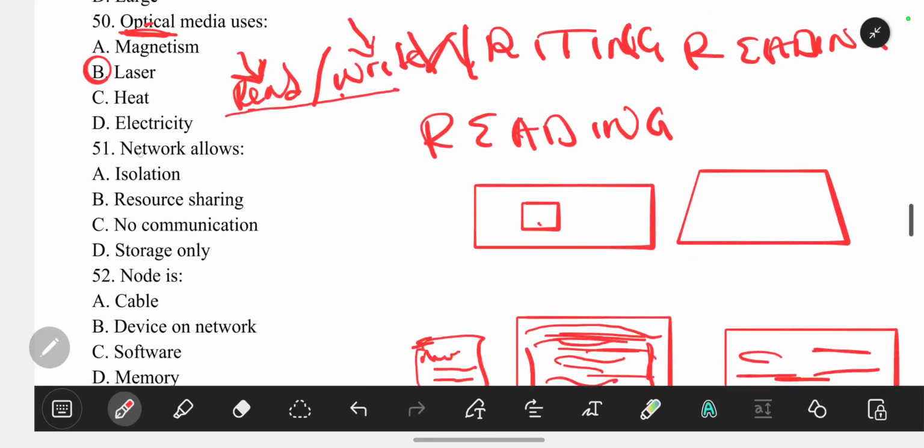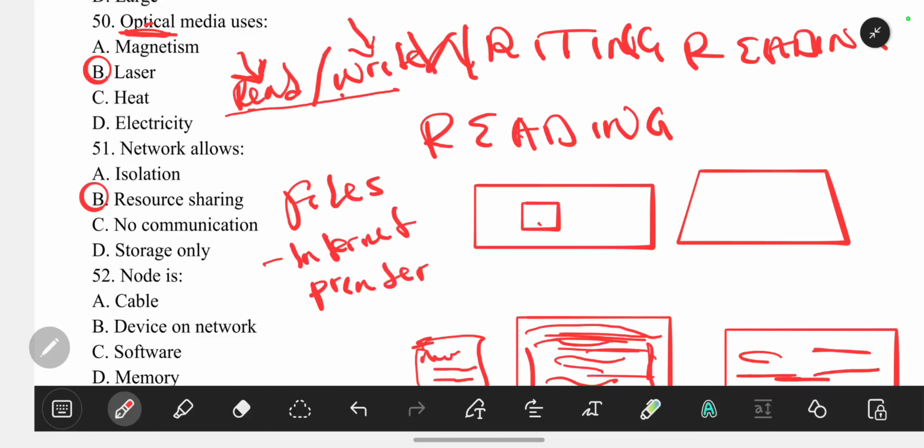Number 51, network allows. Networking allows the sharing of resources. Like for example, you are able to share files through the network, you are able to share messages, and also you have the internet. That is networking. And you can also share printers.